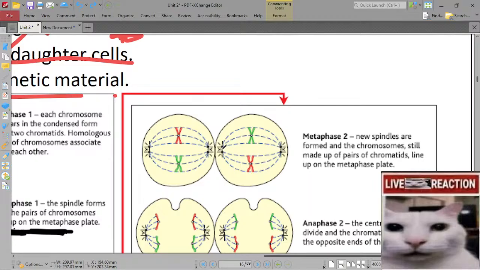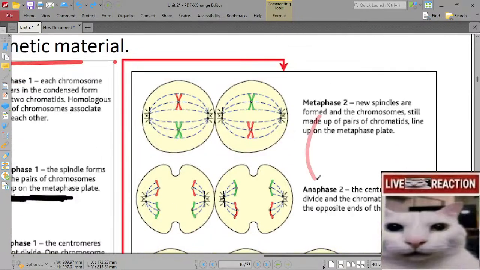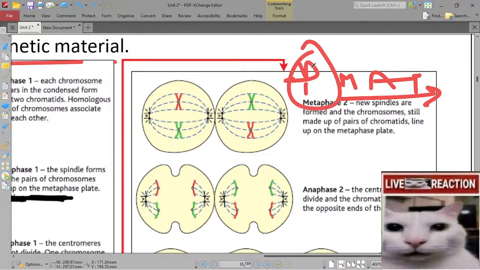Now metaphase 2 is where new spindles are formed. Essentially they are already lined up, so we don't have to do prophase. We just go to metaphase. If we write this down, we just do MAT, because prophase is meant for condensing, and that's already done. Then in metaphase you line them up.